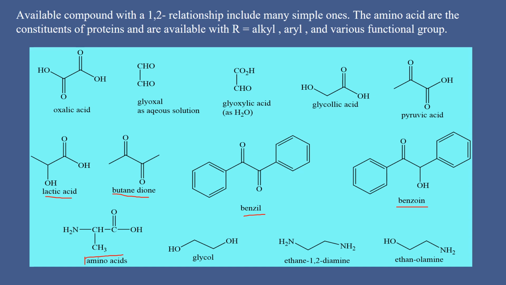These are very diverse in nature. They both have two functional groups, that is amino, which is basic, and carboxylic, which is acidic. And there are glycols, 1,2-diols, or 1,2-diamines, or ethanolamine.